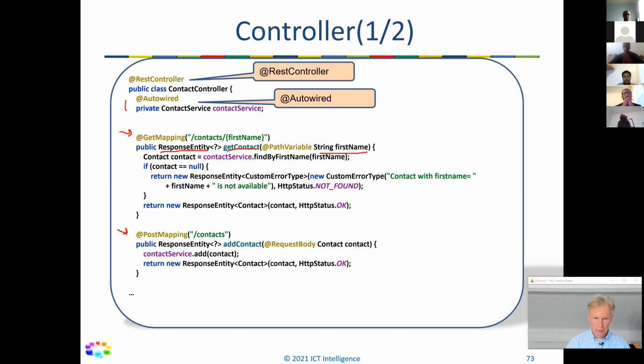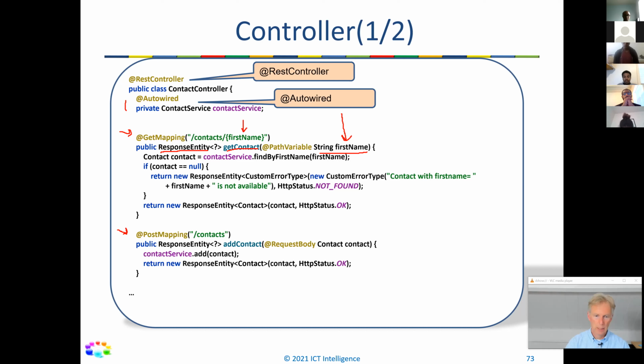So here, with these brackets, I specify that first name is a variable. Frank, John, Bob, Mary. It's a string. So when I call localhost:8080/contacts/Bob, then this first name gets the value Bob. Basically, you say, give me the contact information of Bob.